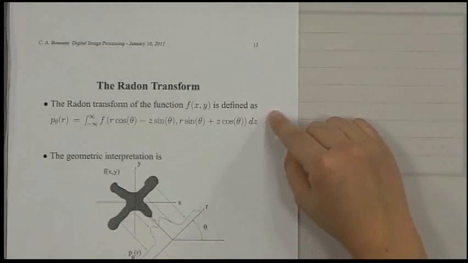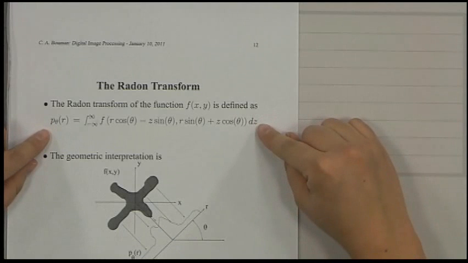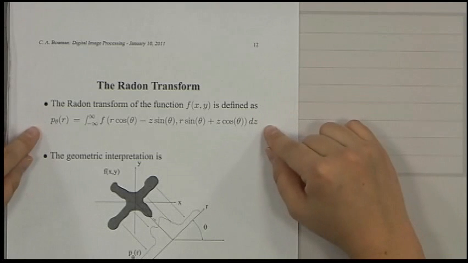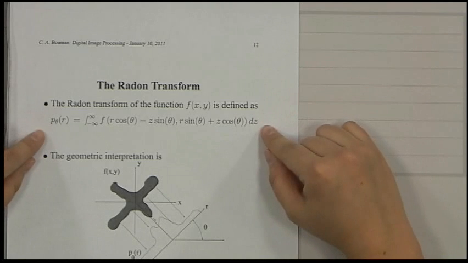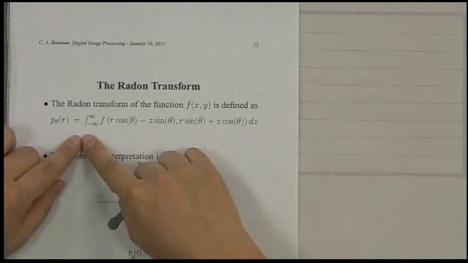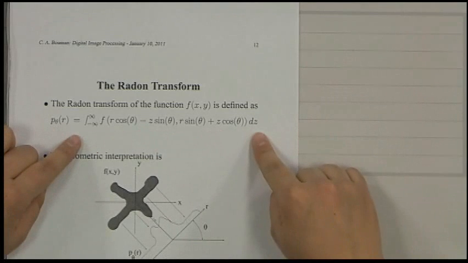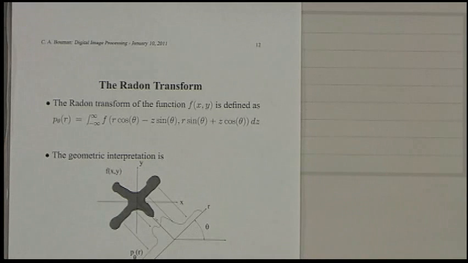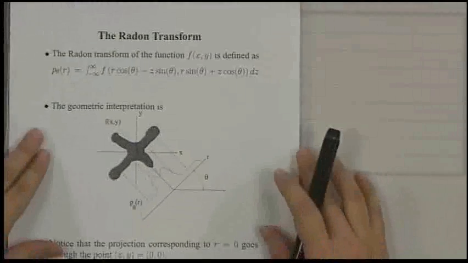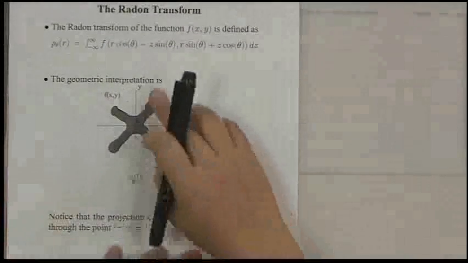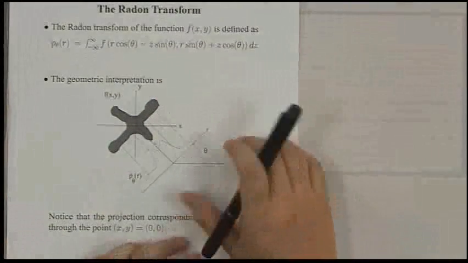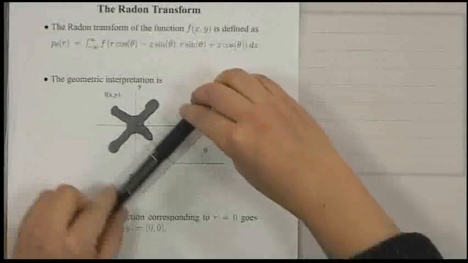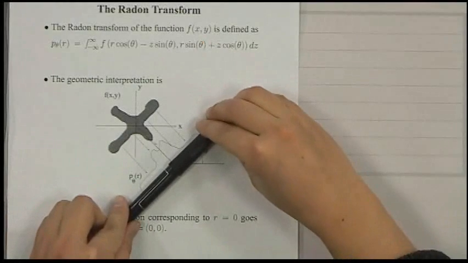Next page, but this is the same equation. So the Radon transform of the function, so the projection of the function, is defined as p(theta, r), and the equation can be written like this. The geometric interpretation I explained before is the same thing: we take a projection onto a line with angle theta.